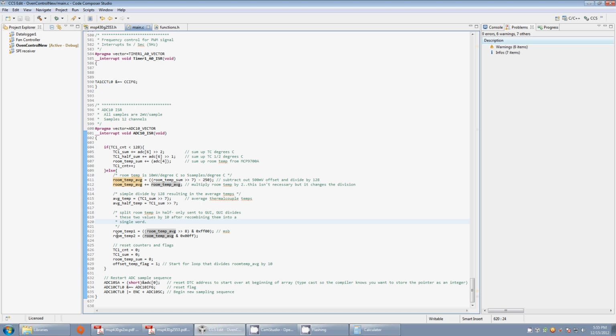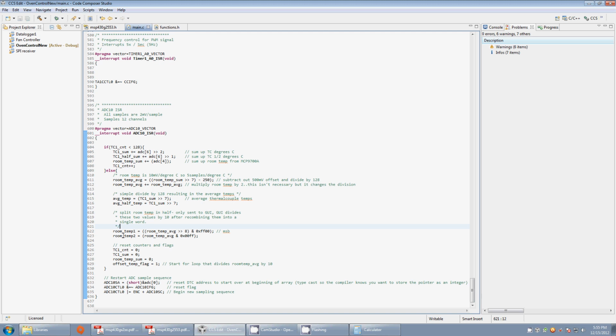So I broke it in half, and you'll see in the comms we send room temp 1 and room temp 2, and that's where they come from, because when I did the comms, it was easier for me to break this in half, send it to Python, have Python divide by 10, because it's as simple as saying room temp 1 divided by 10, and you get an answer. In the MSP, it's not that easy.